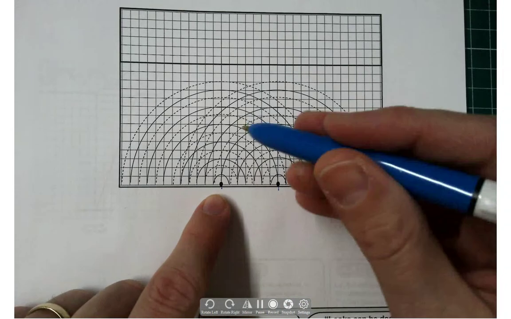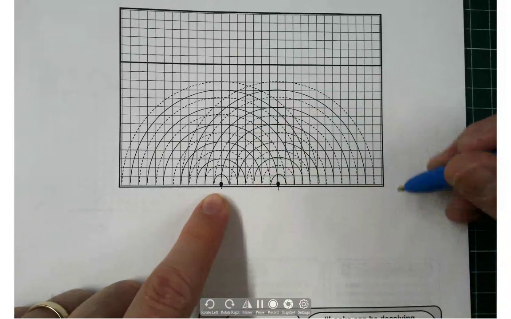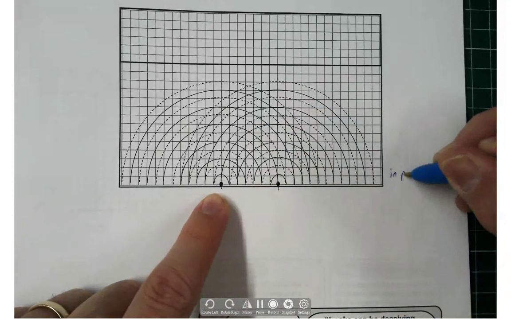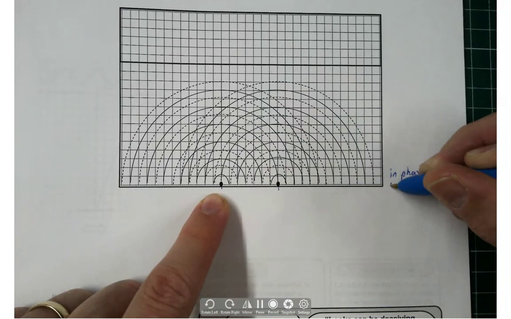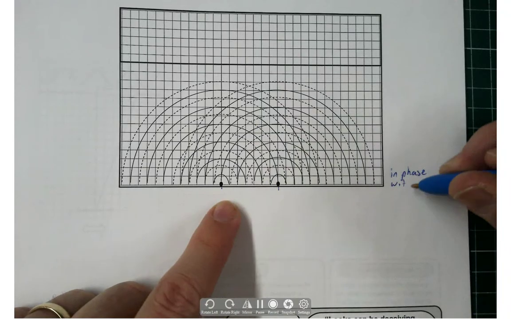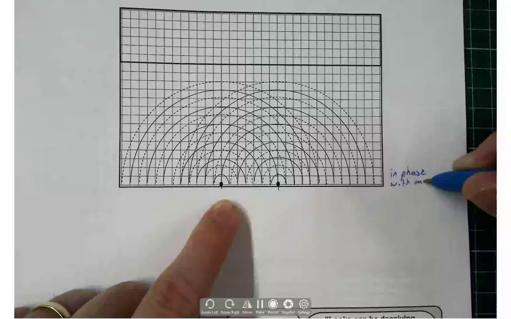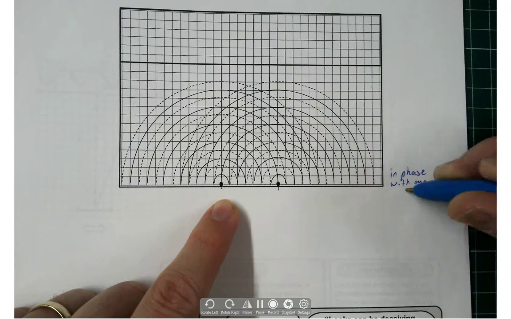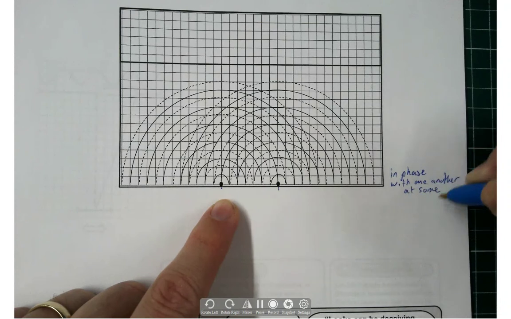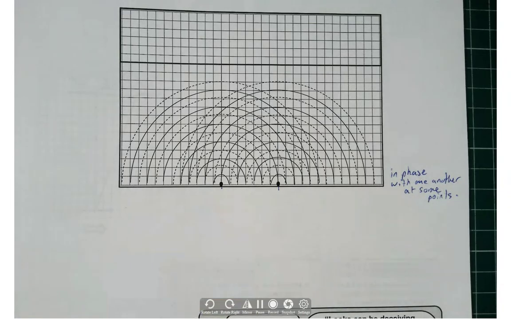And we're going to say that these waves are in phase with one another at some points, not at all points. So let's figure this out.